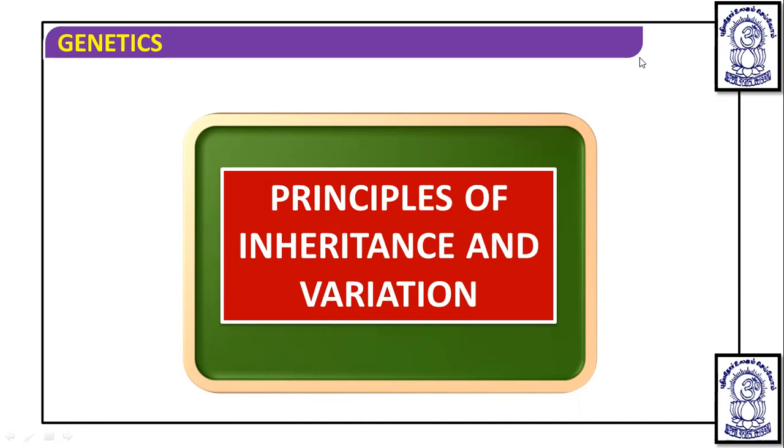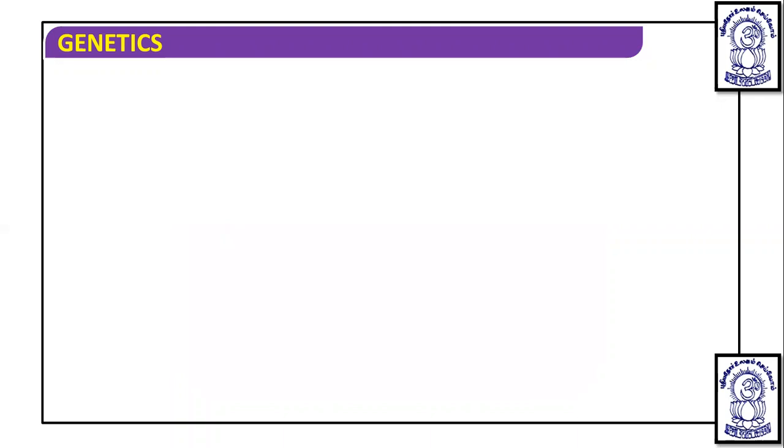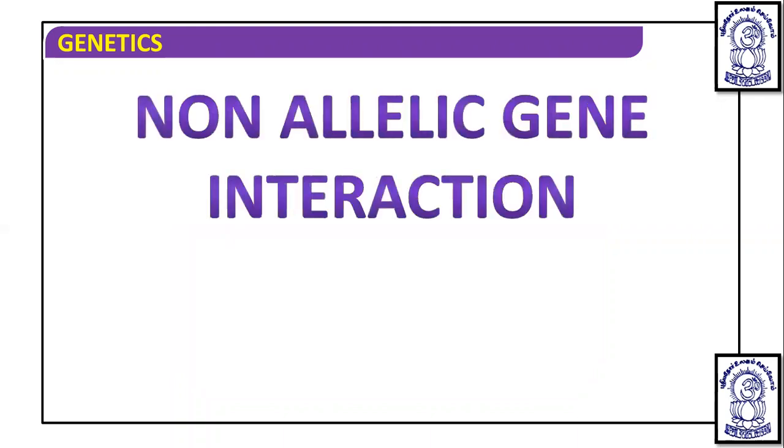Today we are going to talk about non-allelic gene interaction. Non-allelic gene interaction means we are talking about different genes. When we talk about an allele, we refer to only a single gene.